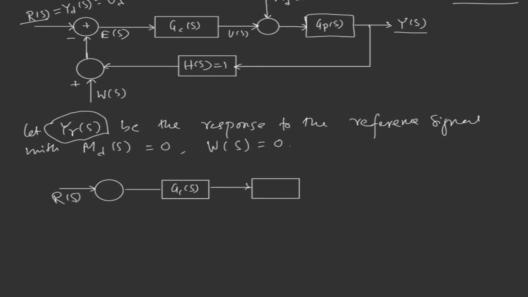This is my U of S, this is the GP of S, and the output for this case I am assuming YR of S. And also we are assuming there is no noise.